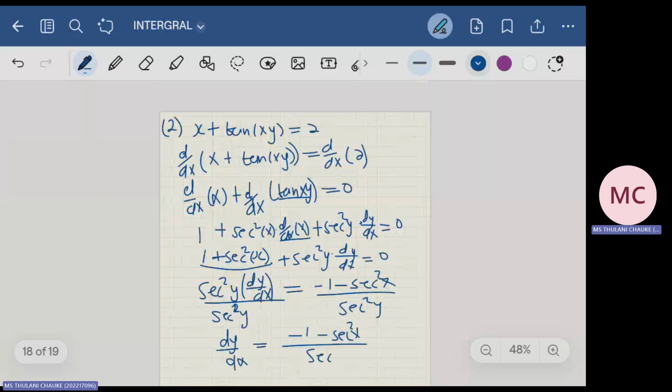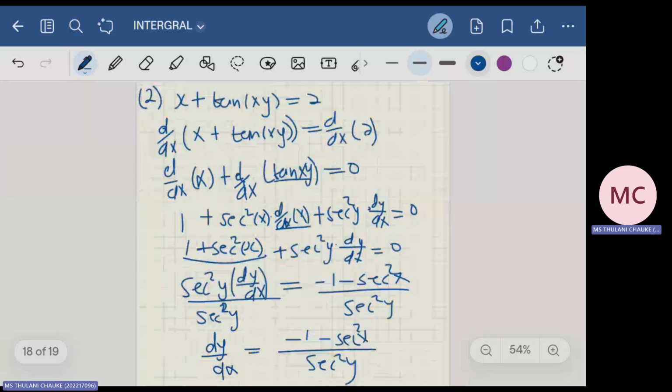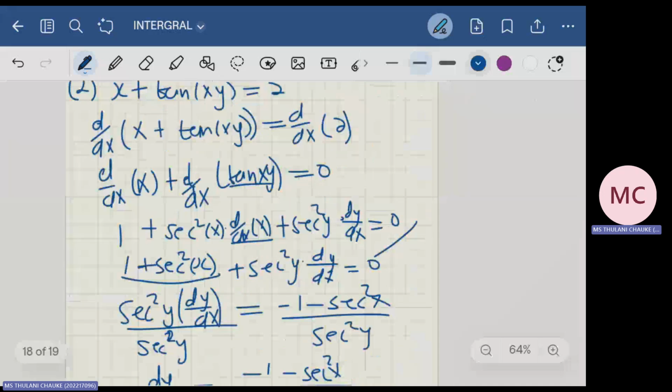For implicit, we only had 2 questions, and then for logarithmic, I'll only do number 2.